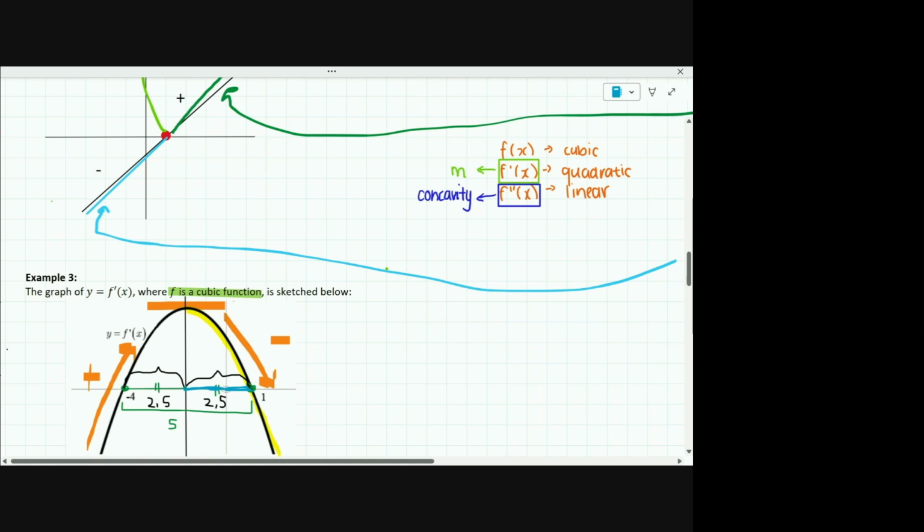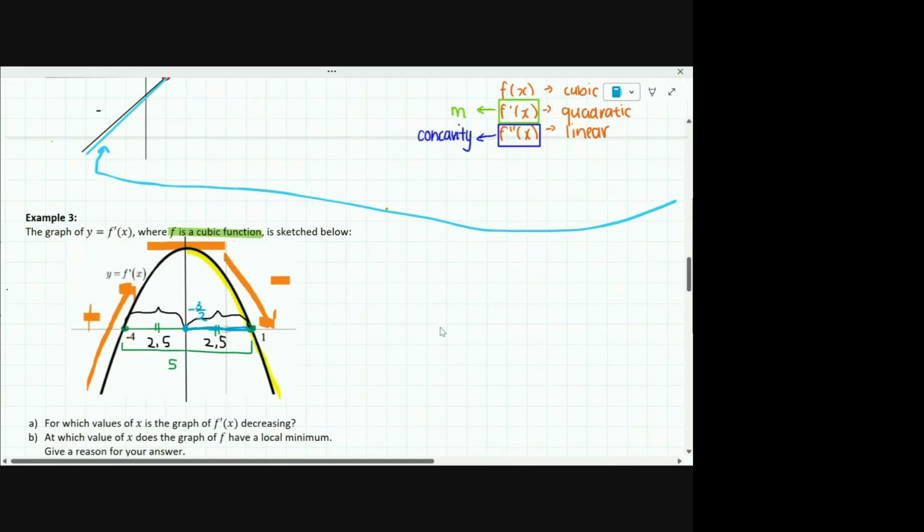And so that takes me to -1.5 on my x-axis. 1.5 plus 1 gives me the 2.5 units away from your line of symmetry. And so we're able to get where our x value for our line of symmetry is.